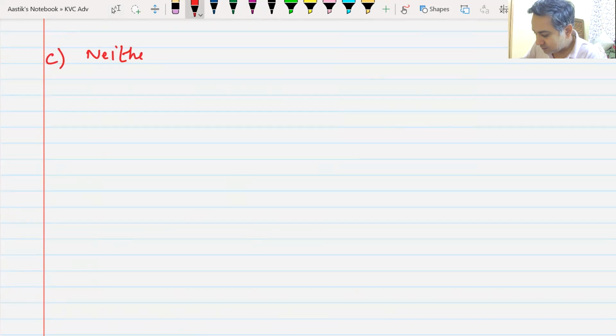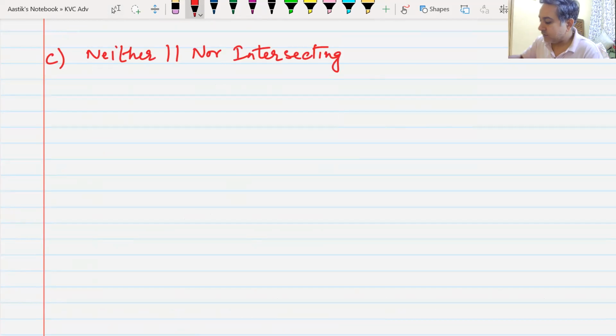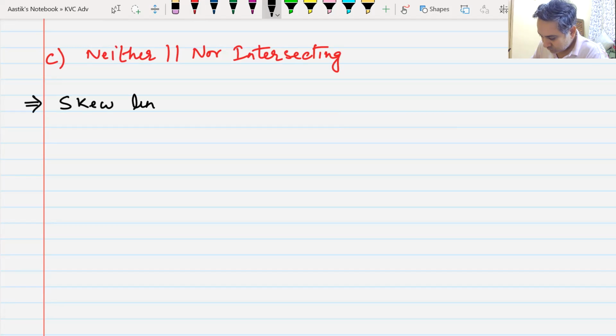Neither parallel, nor perpendicular, nor intersecting. Force can only produce a torque about skew lines, not lying in the same plane.